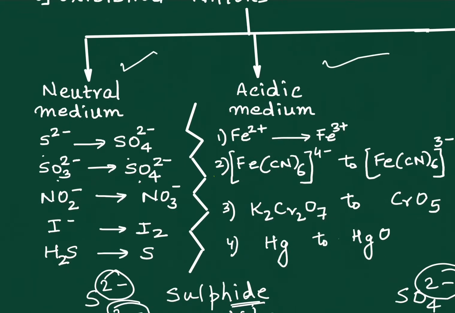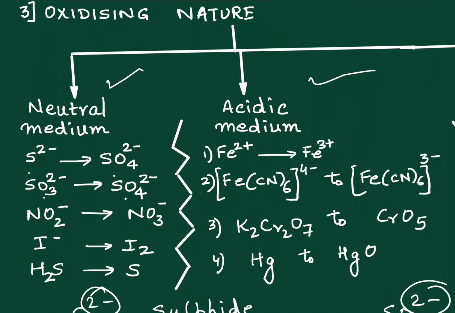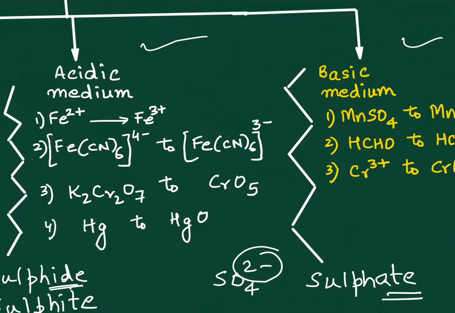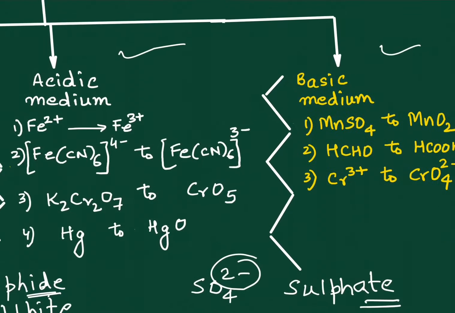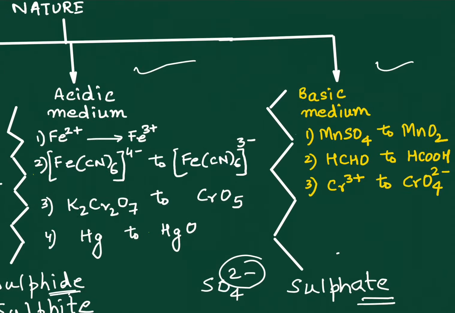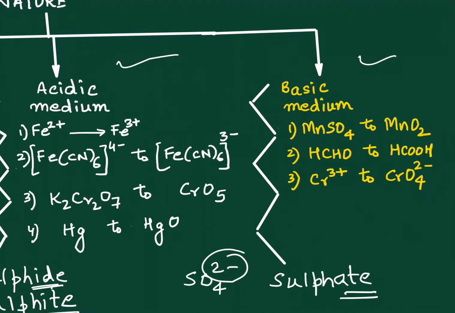So first of all, we are talking about the oxidizing nature of hydrogen peroxide in neutral medium. If you want, you can make a chart of these. You can copy this down. It will come in very, very handy for your reference when you are preparing for your examinations and the time is very short and you don't want to be spending your valuable time going through the thick textbooks that we have.